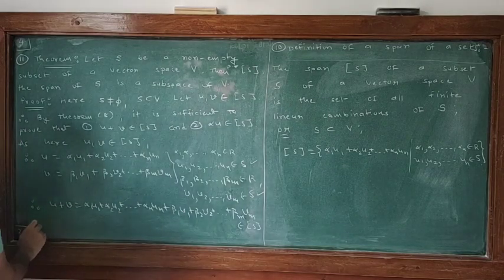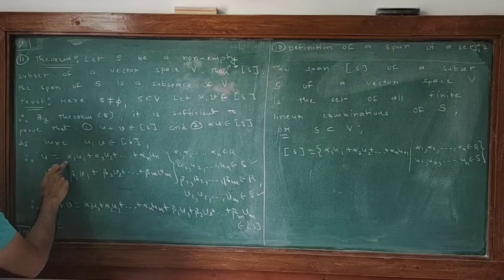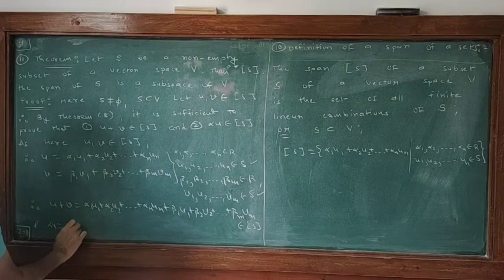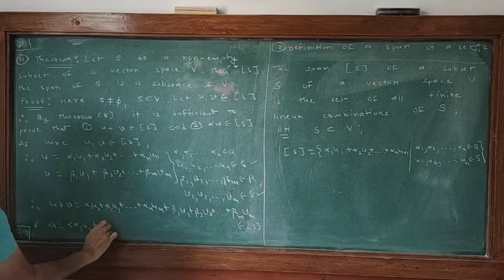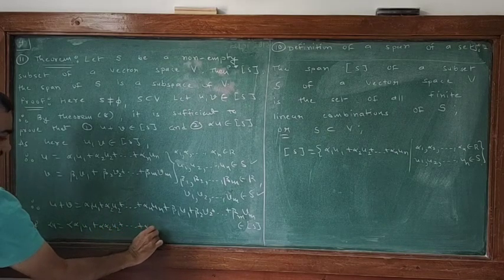And for alpha u, we have to multiply this by alpha, so it is alpha times alpha 1 u1, alpha 2 u2, alpha n un.